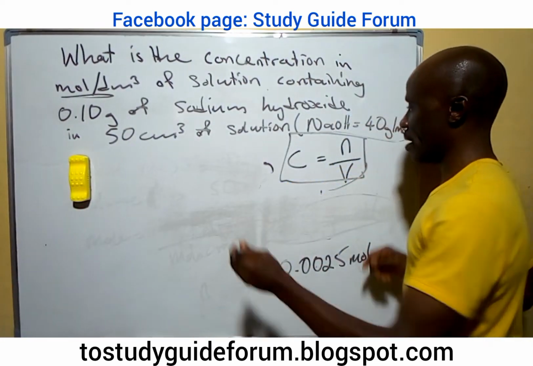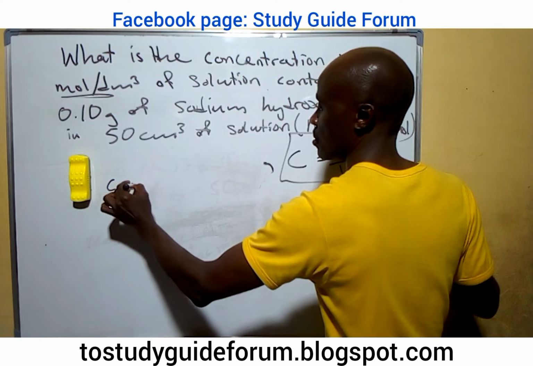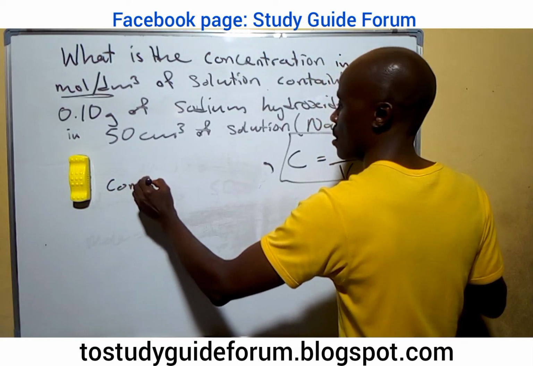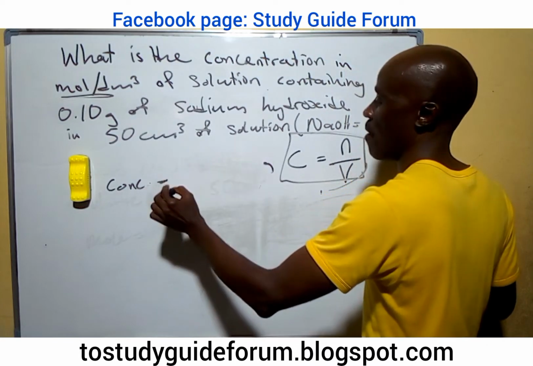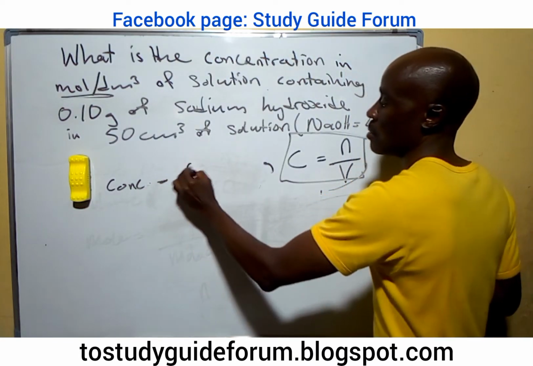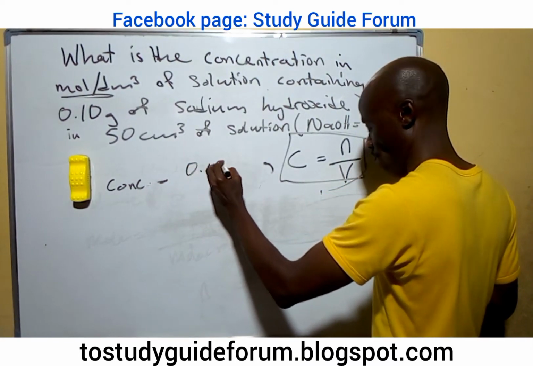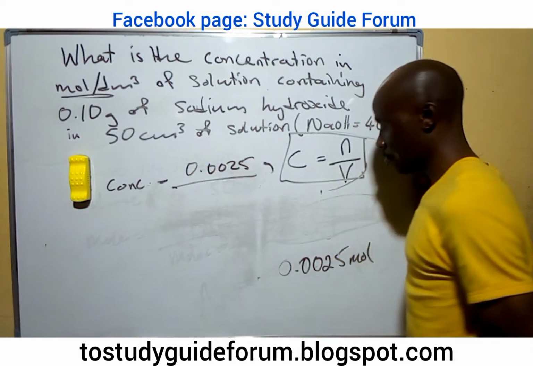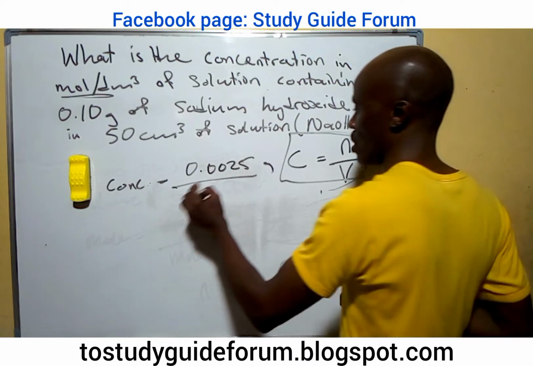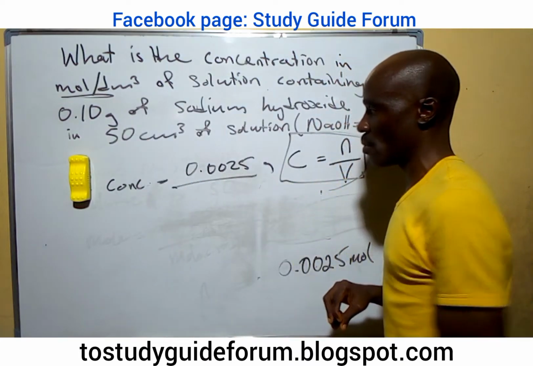So we'll come back here. Concentration is 0.0025 all over. Now the next thing we do here is to convert this to dm cube, because it's not in dm cube.